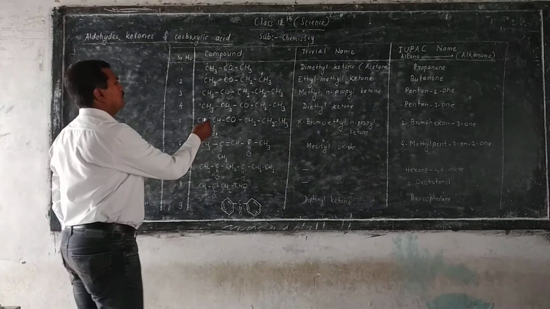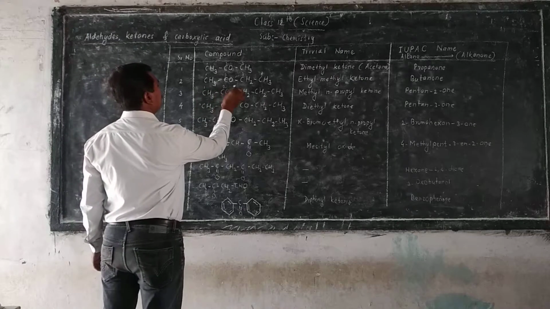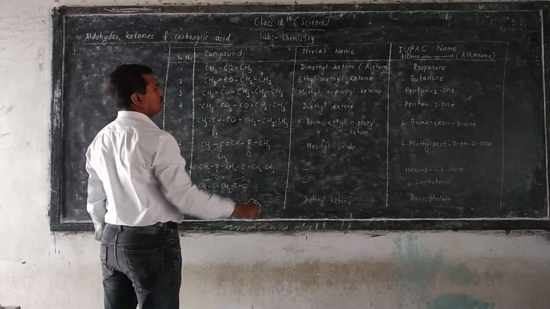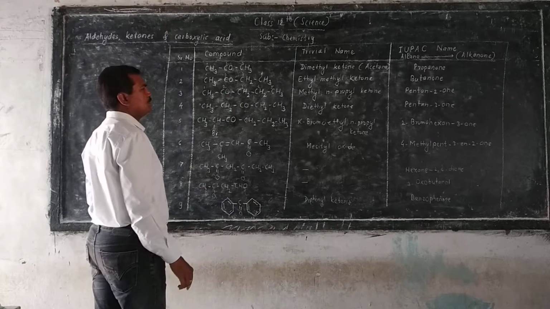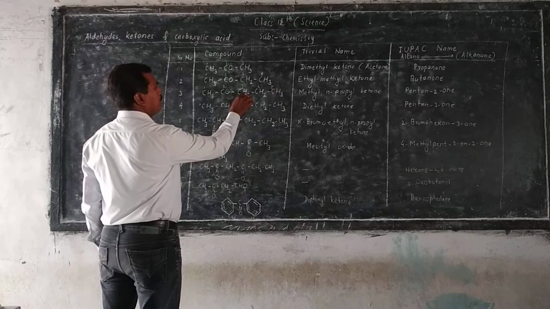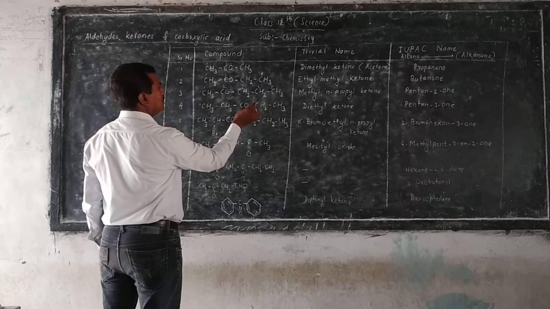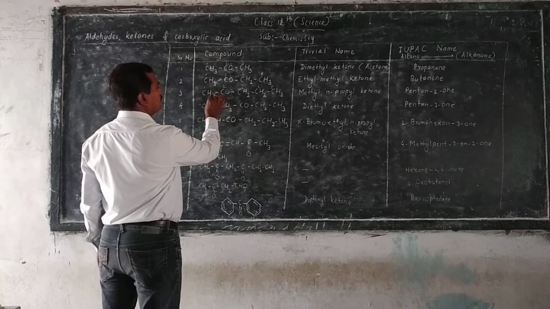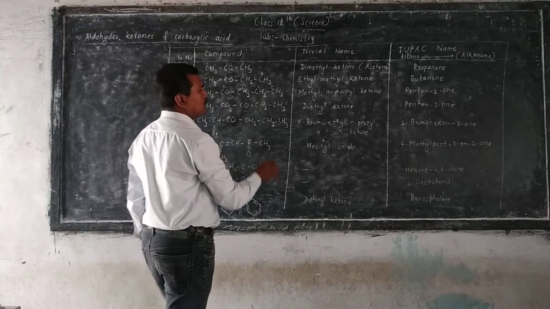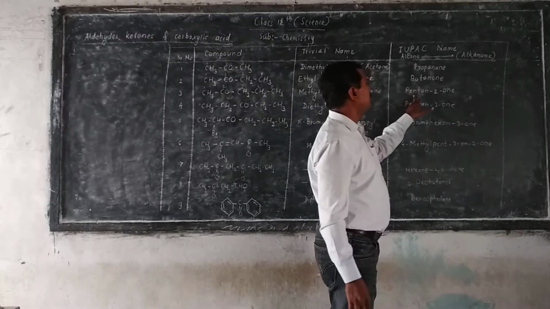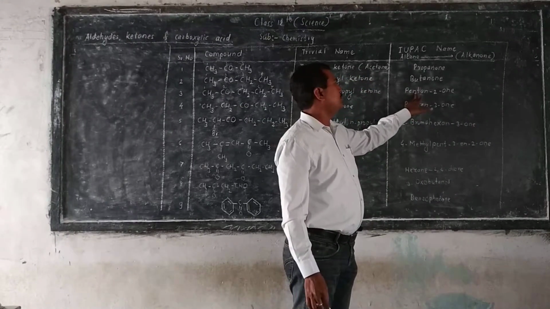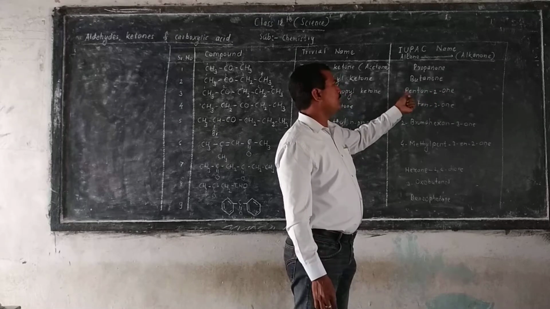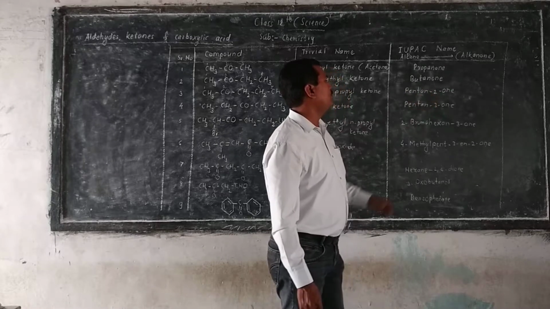Then here 1, 2, 3, 4, 5, so 5 carbons are present in the longest chain, so it is pentanone. But the carbonyl carbon is at the second position, so pent-2-one, 2-pentanone or pentan-2-one.